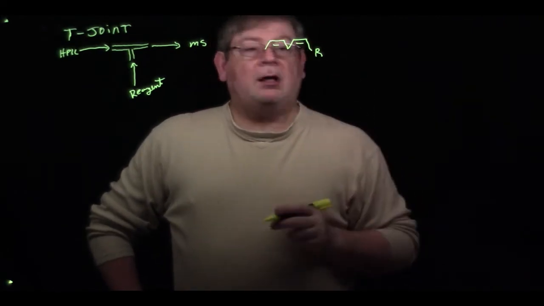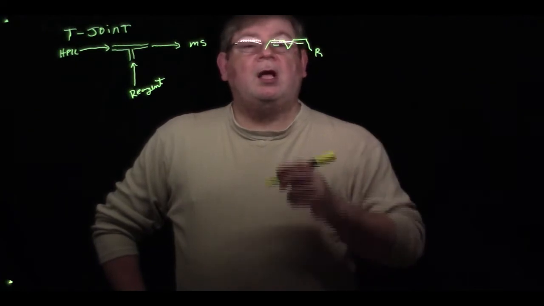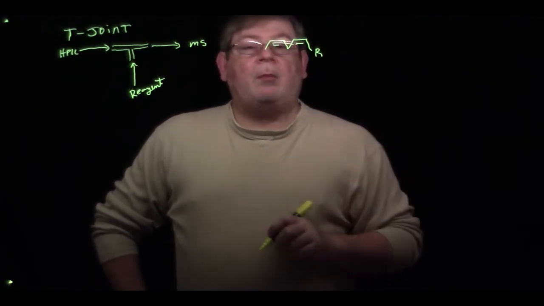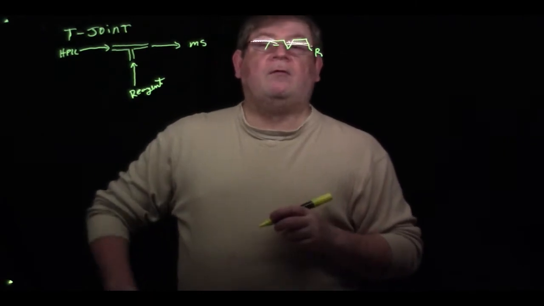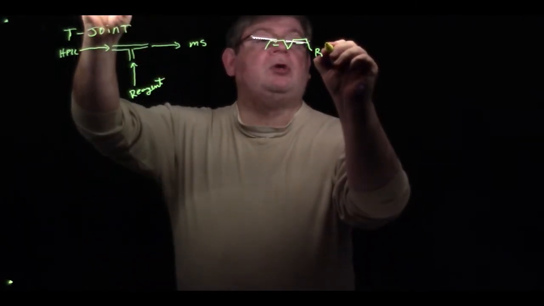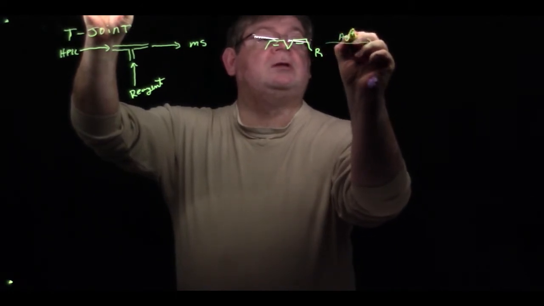But again, there are reasons why you may or may not want to use APCI depending on what you're interested in. What we do know is that double bonds like to form coordination complexes with things like silver or copper. So you could react this with a solution of silver salt.